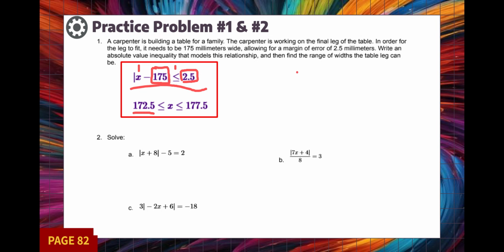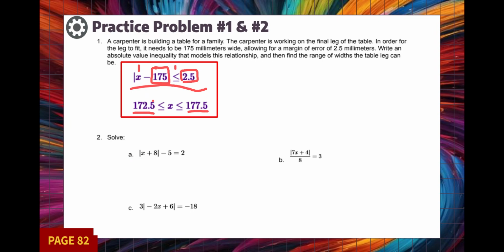Either way, the reason why it says margin of error is that the fourth leg of the table can be 172.5 or 177.5, which means that up to this range, it can still be acceptable as a leg measurement of the table.